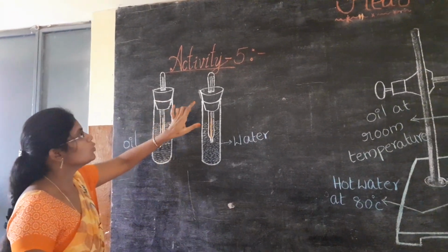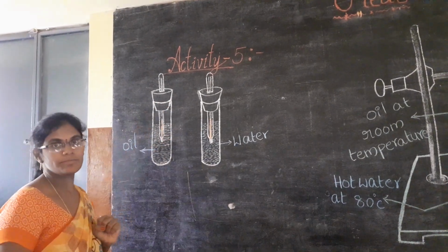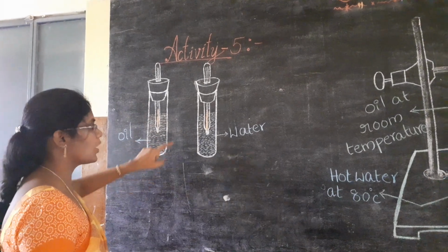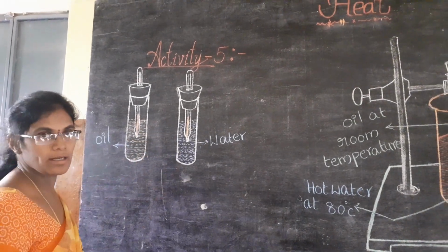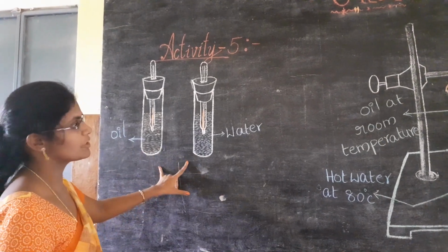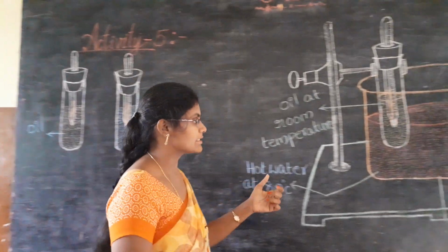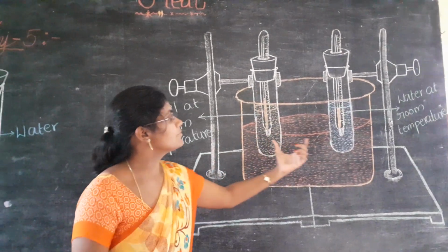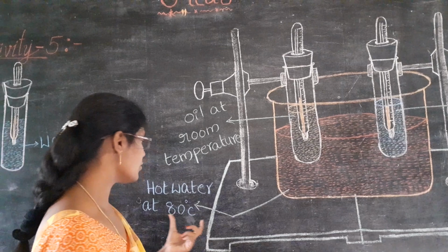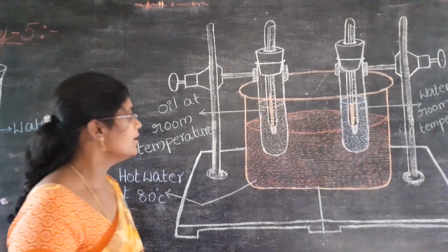Place 2 corks with a single hole and insert one thermometer in the oil and another in the water. Now clamp these 2 test tubes to 2 retort stands and dip them into the water at 80 degrees Celsius.